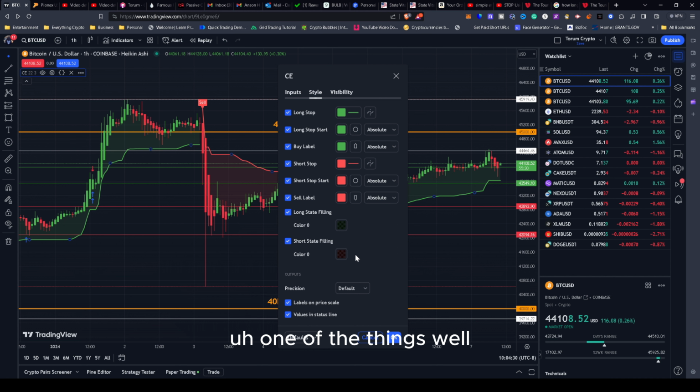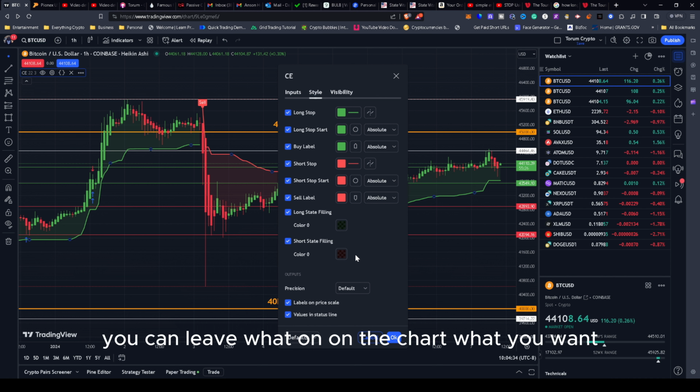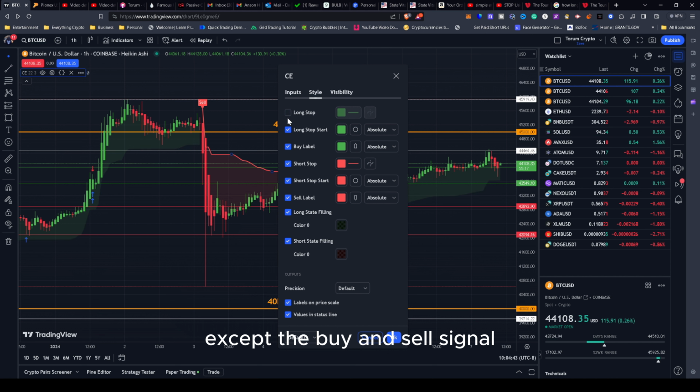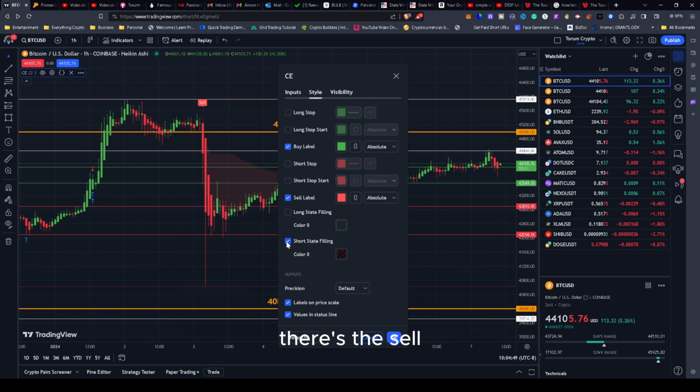One of the things, well, this is up to you, you can leave on the chart what you want. I'm going to take everything off except the buy and sell signal. There's the buy. There's the sell. Everything else is coming off.